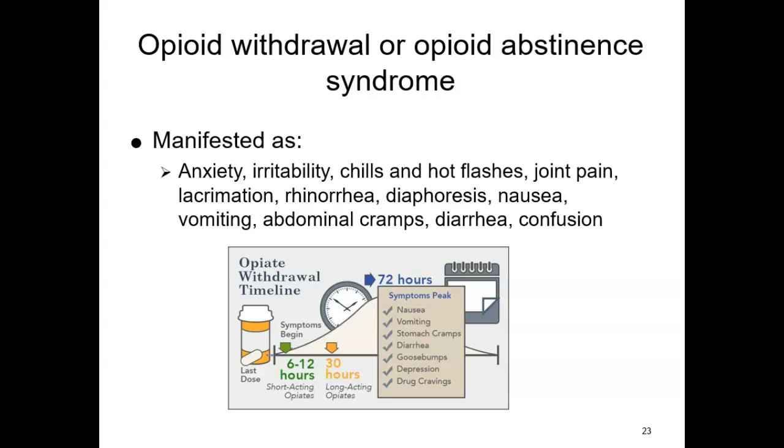Basically, 6 to 12 hours after a short-acting opiate is stopped, the person begins to have symptoms. 30 hours after a long-acting one, and then about 72 hours, so that's approximately 3 days, is the symptom peak, and that's where you end up with those very dramatic opioid withdrawals and severe cravings.